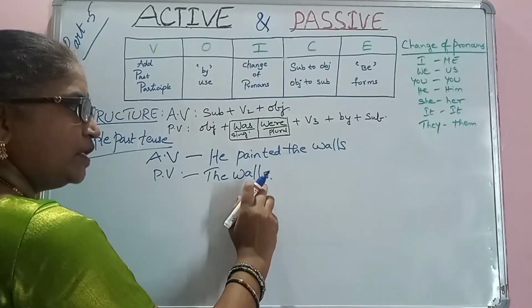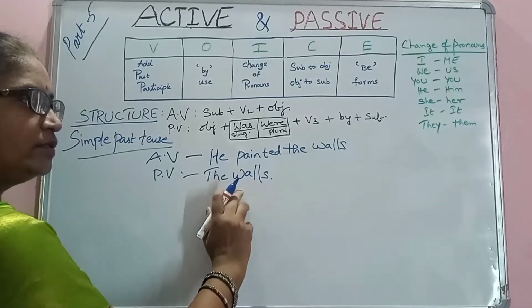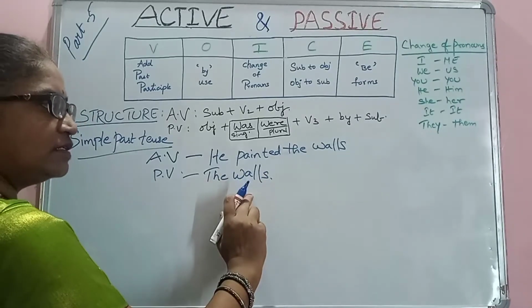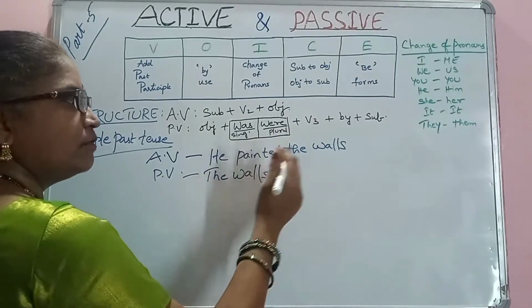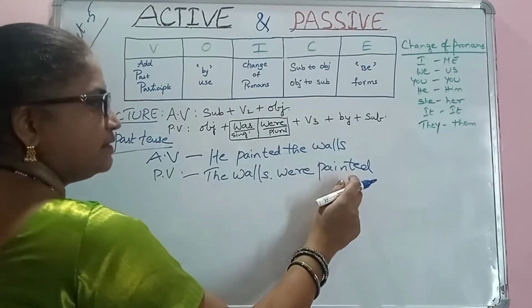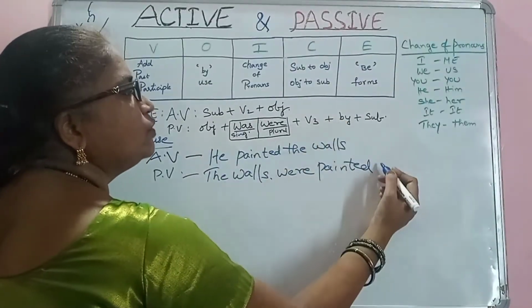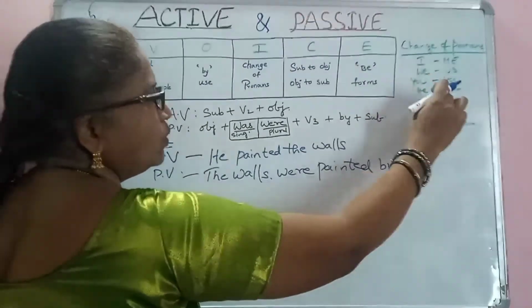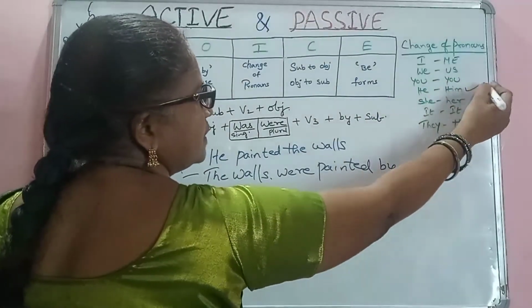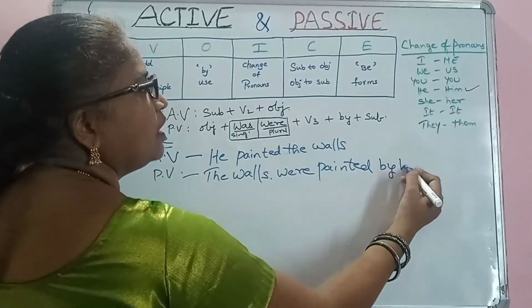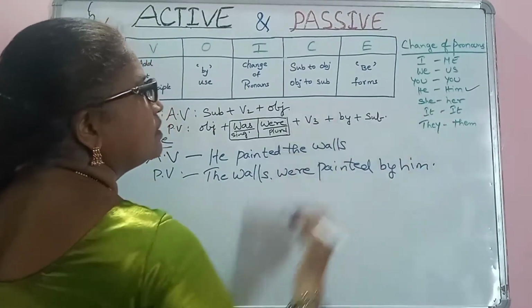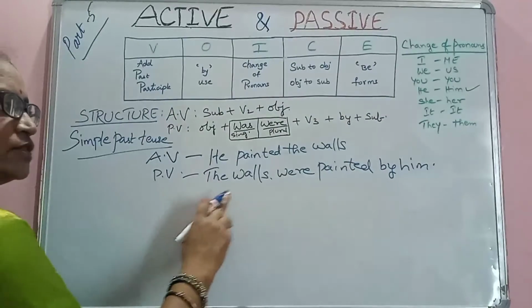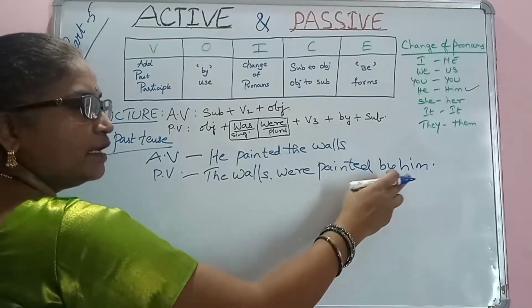Is this singular or plural? It is plural. So, the walls were painted by, and he changes into him. So the sentence is: The walls were painted by him.